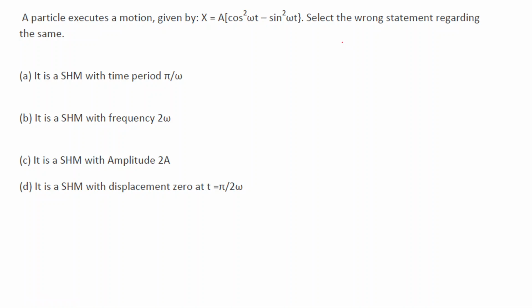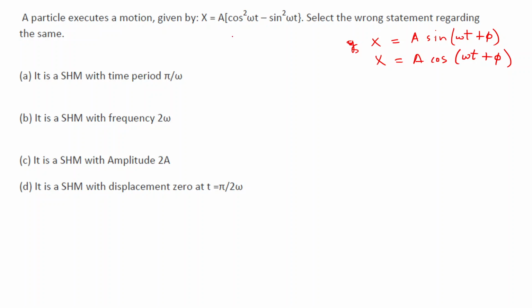We know that for simple harmonic motion we define displacement, let's keep it as capital X, then it is either some amplitude A sine omega t with some phase also, or it can be in the form of A cos omega t, again with some plus or minus phase value.